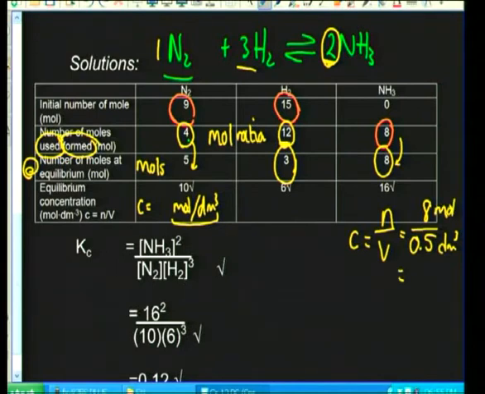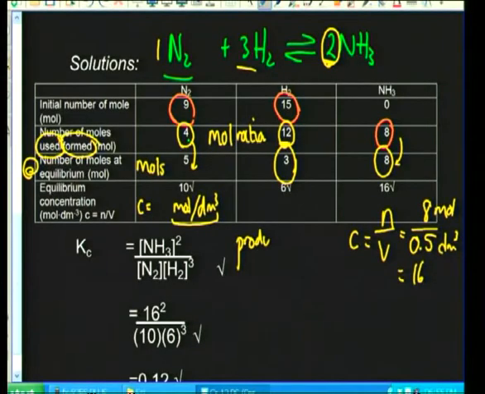And that's going to take me to 16, which is what I've got in the table with a little tick there. 16, 3 divided by 0.5 is going to be 6, and 5 divided by 0.5 will give me 10. So now I have concentrations for each of these substances. Again, I'm going to plug them into my Kc formula.